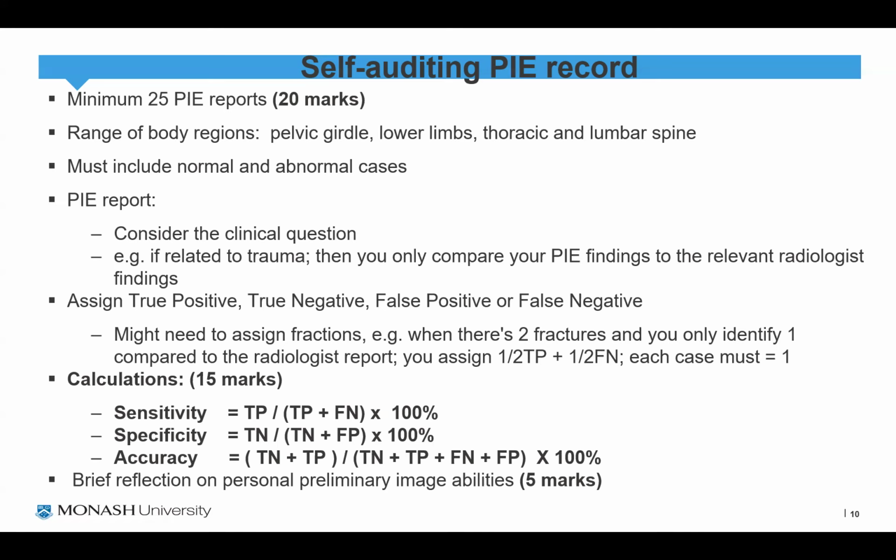So half will be true positive and the other half will be a false negative for missing the other pathology. And then you need to calculate your sensitivity, specificity, and accuracy, and then provide a brief reflection on your image interpretation abilities as well.